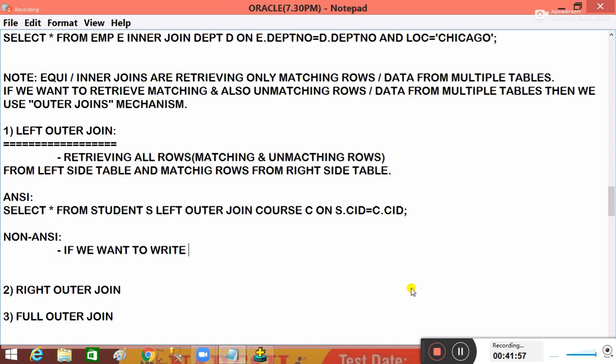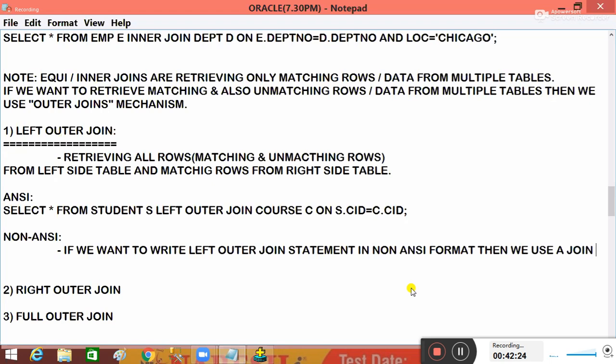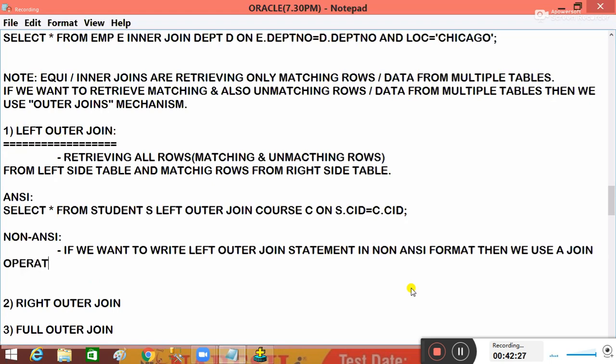If we want to write a left outer join statement in non-ANSI format, then we use a join operator, which is open bracket, plus, close bracket.